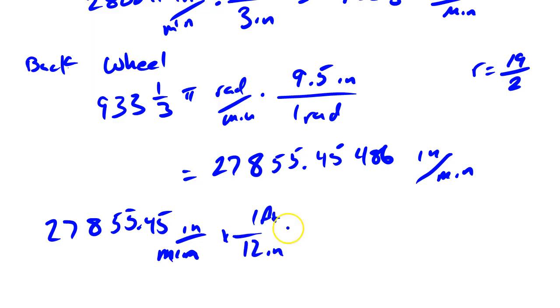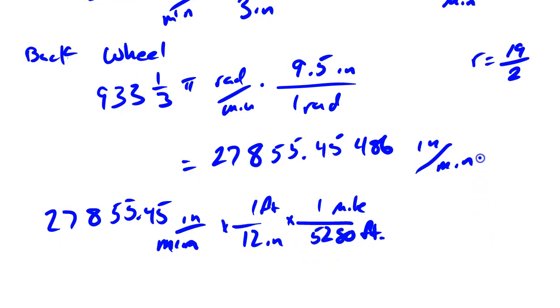And I also know that 1 mile is worth 5,280 feet. Do I expect that you know that? I kind of expect that you know that. It's the system we use.